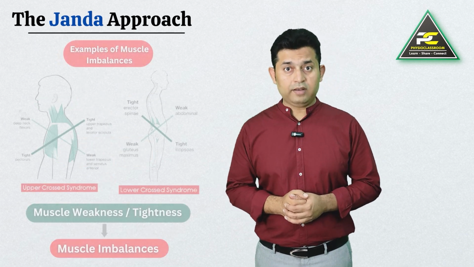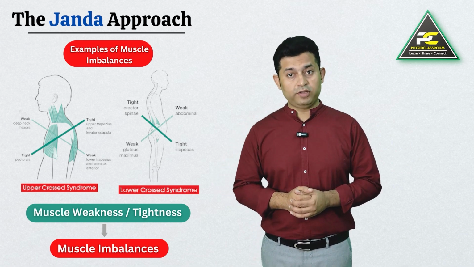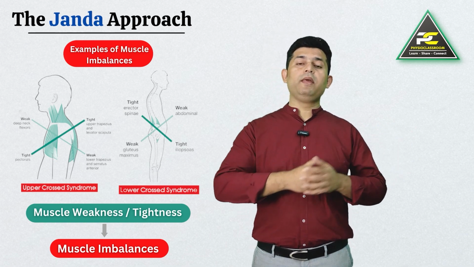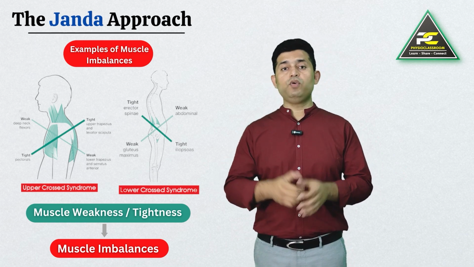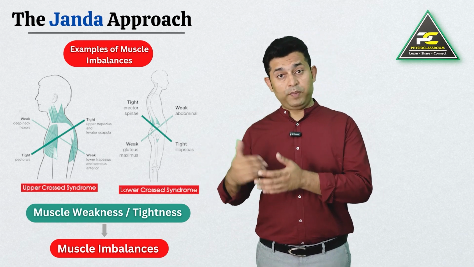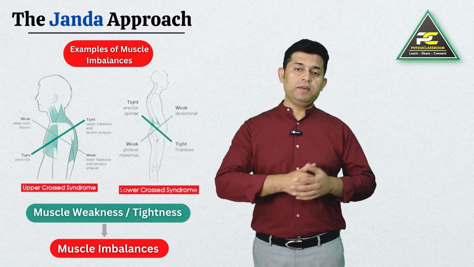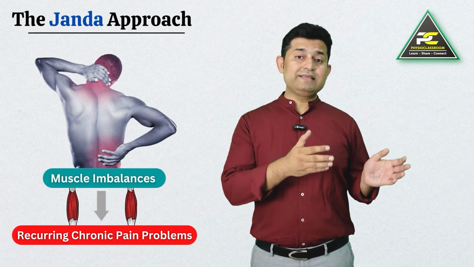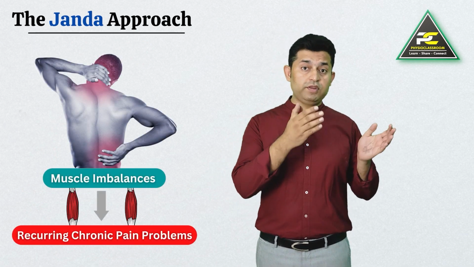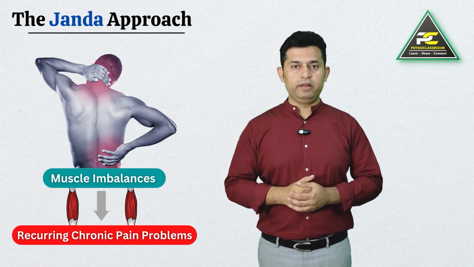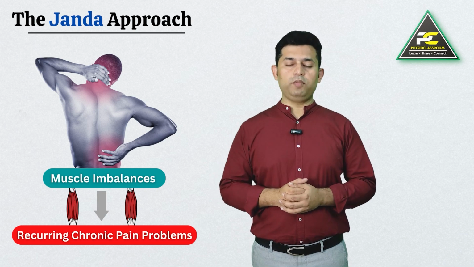Janda found that there is a characteristic pattern for the development of muscle weakness and tightness in the body, and this in turn gives rise to muscle imbalances. Muscle imbalances then give rise to pain and pathology within the musculoskeletal system. Muscle imbalances have been considered by Dr. Janda as one of the most important causative factors for recurring and chronic pain problems.